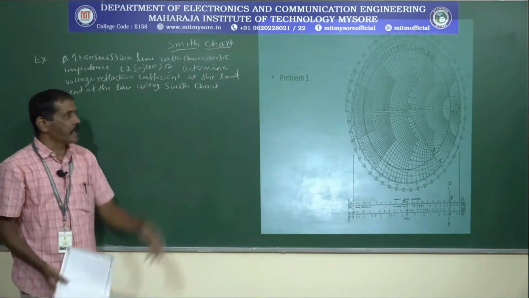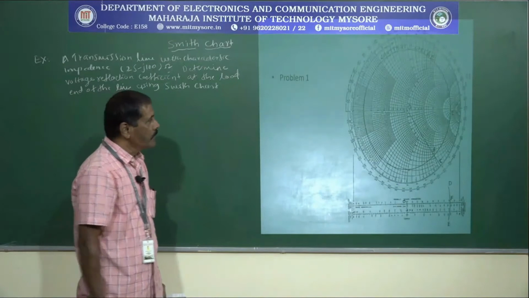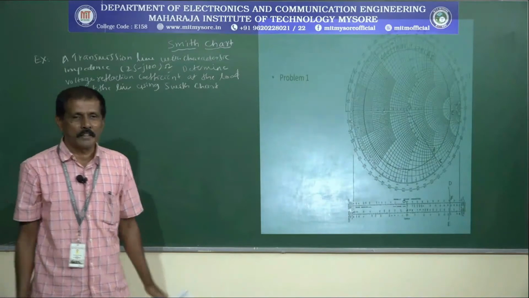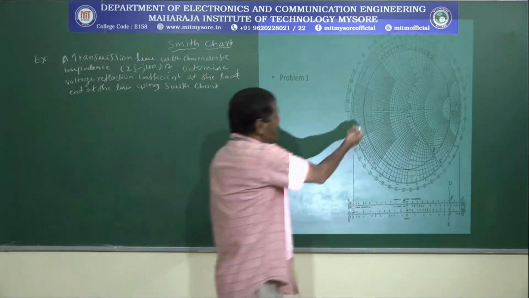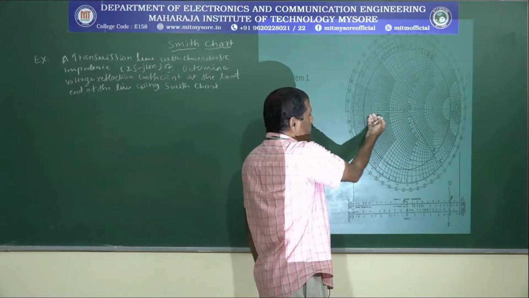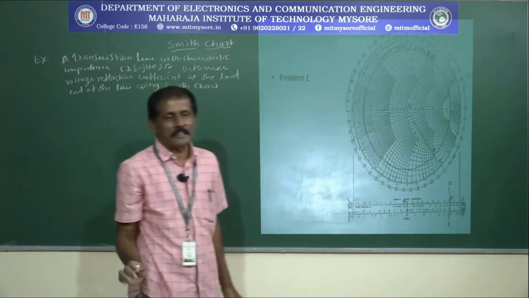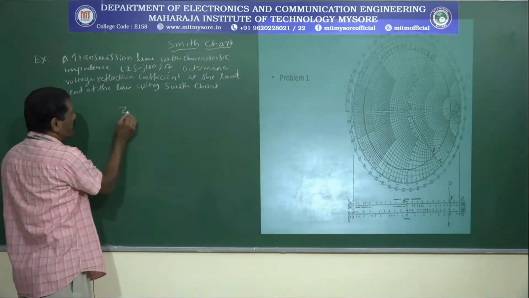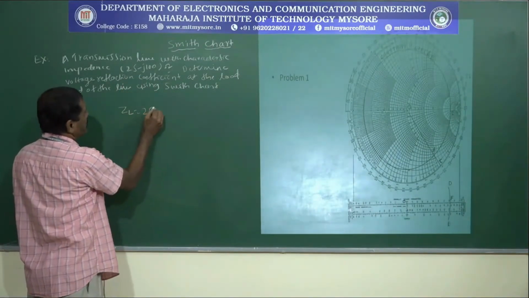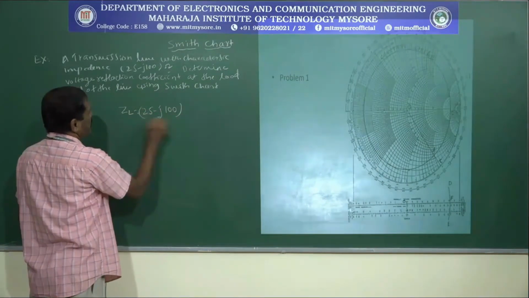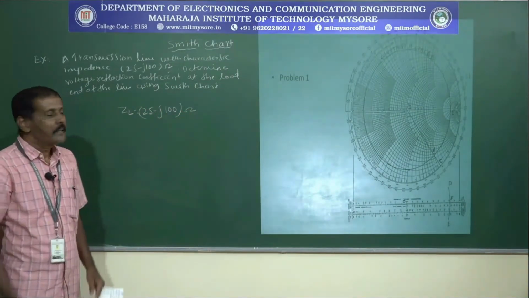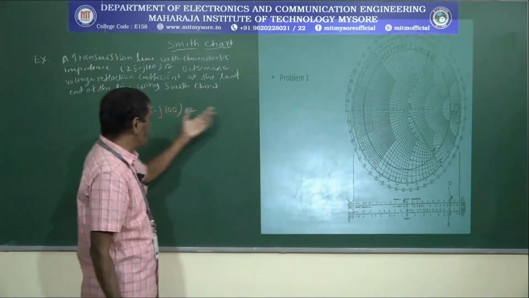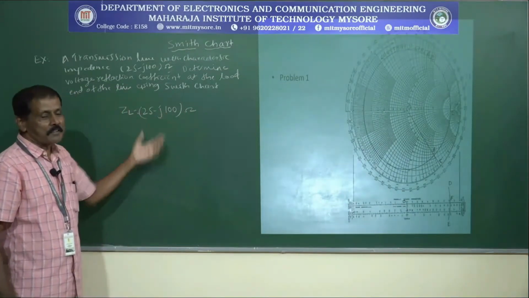After the basics, let us try to solve this particular problem on the Smith chart. As you know, on the Smith chart, the values marked are very small: the resistance values 0, 0.1, 0.2, 0.3, 1, 2, 3, 4, 5, and so on. But the load impedance given to you is a large value, and there are no markings on the Smith chart to plot it.